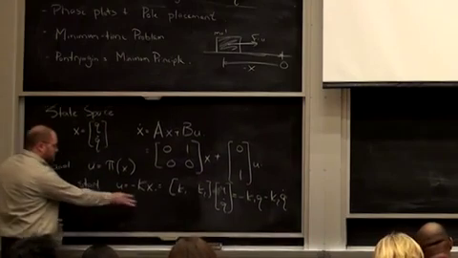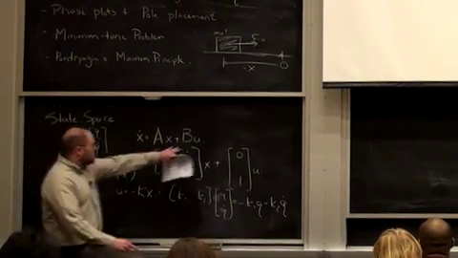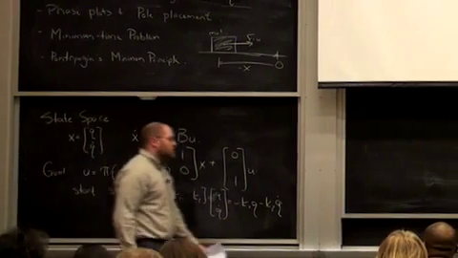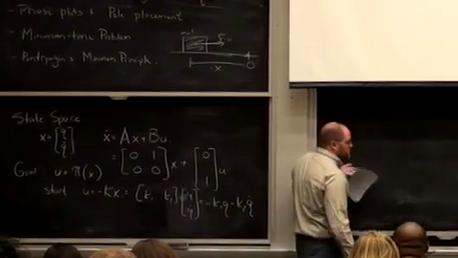Okay, so if I take this u equals negative Kx and I start thinking about what if I change K, what happens to my control system, that's easy to do in linear systems.